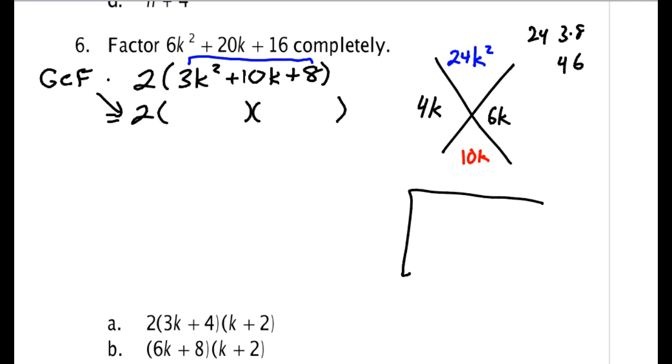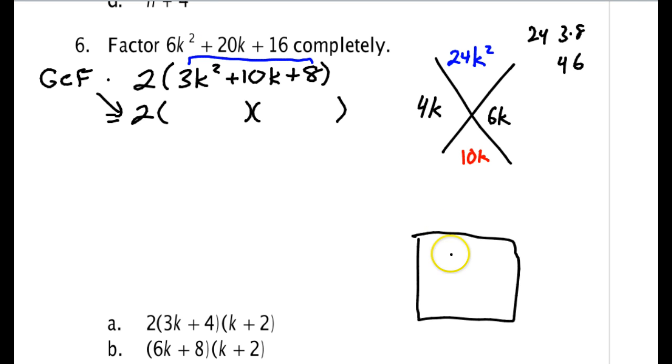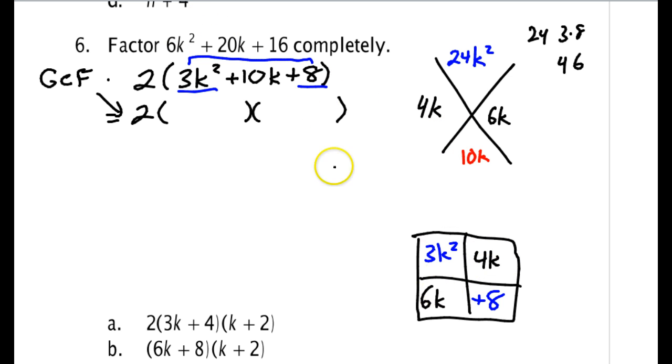Now let's draw a better box than that. And we got a goes in here, so we got 3k squared. C goes in the last. So two terms, 4k and 6k. Want to factor this?